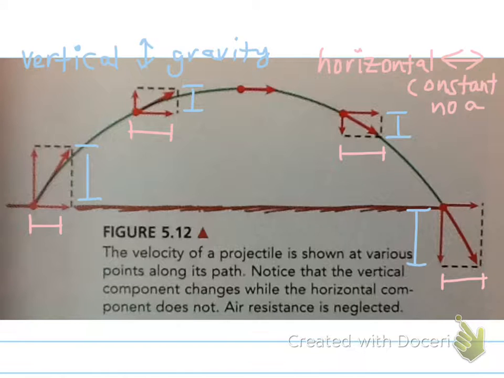Right? They already did this. So what I'm talking about here is, okay, these resultants. Those are the result of the horizontal and vertical components.